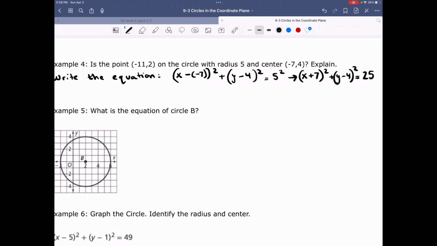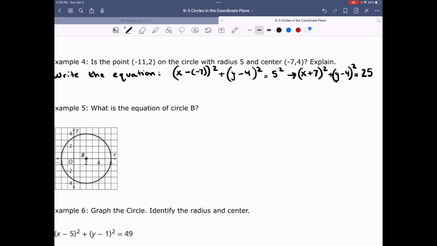The second thing that we need to do is plug in this point that they're talking about. So plugging in negative 11, 2 to x and y and see, does it equal 25? If it does, then it will be on the circle.